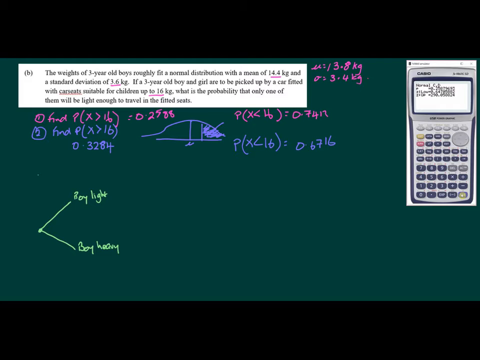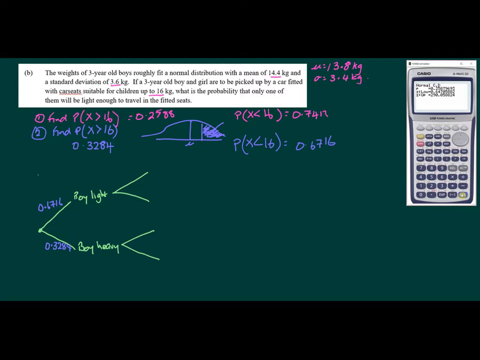If the boy is light enough, I'll put the probability here, 0.6716, and if too heavy, it's 0.3284. For the girls, we then do a branch off each of these. Some of you would have learnt this at level 2.